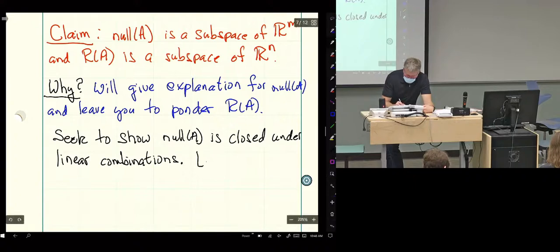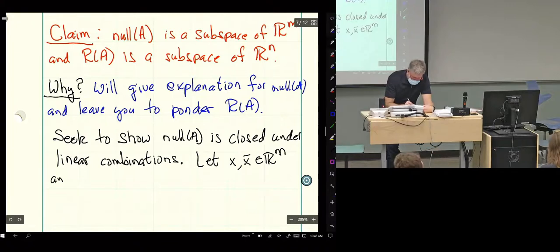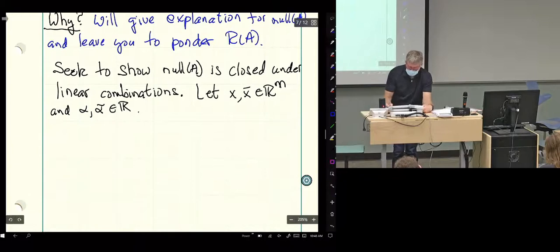Okay, so how do we generate linear combinations? We'll take X and X bar to be two vectors in Rm, and we'll let alpha and alpha bar be two scalars in R. And we don't want them in Rm, we want them in null of A, so I apologize.